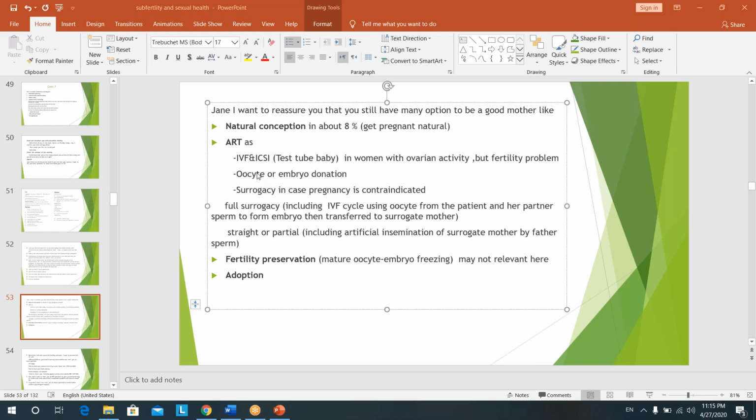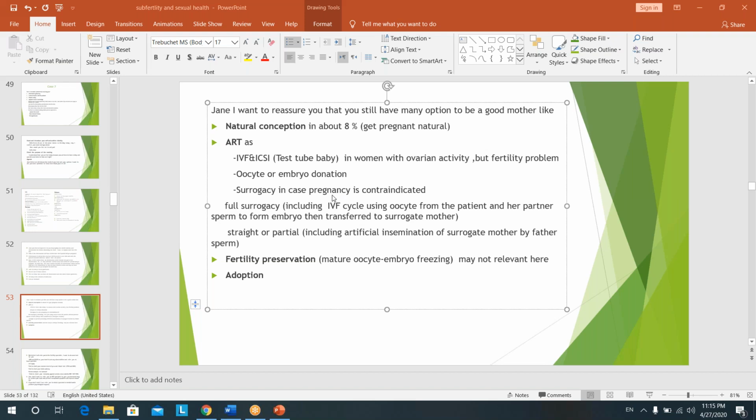She has the option of oocyte and embryo donation if she has no ovarian activity, and surrogacy. Surrogacy applies if the pregnancy is contraindicated and the patient can't carry the baby because she has, for example, a cardiac or medical problem.